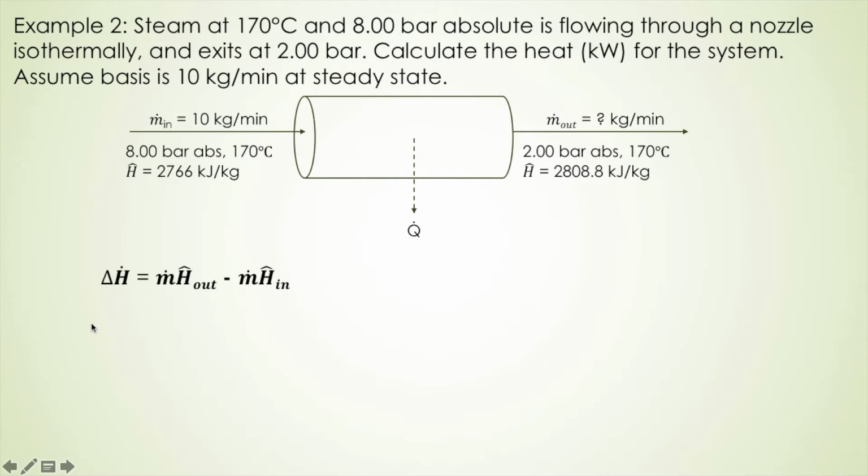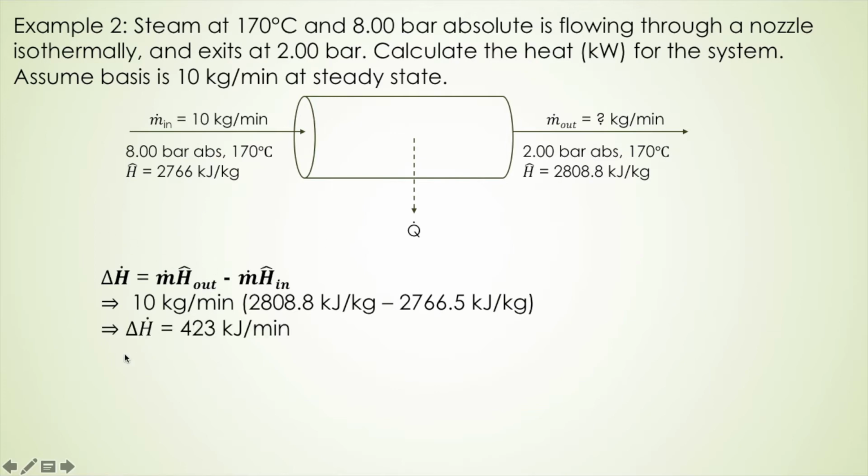And we know that the change in enthalpy is a state function, final state minus initial state, and in this problem it's the outlet minus inlet. And the enthalpy is the mass times specific enthalpy. Then substitute the numbers given in the problem statement into this equation.